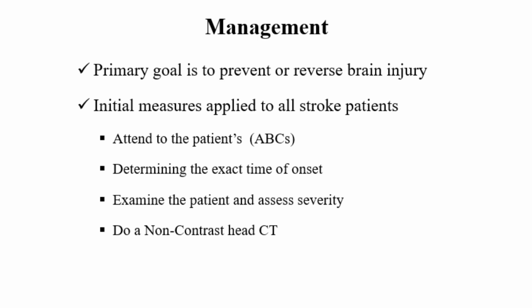So we must rule out other causes or the mimicries of the stroke, and we follow the ABCD of life. That means we maintain the airway, the ventilation, and the circulation.